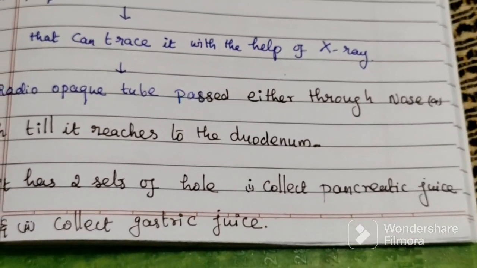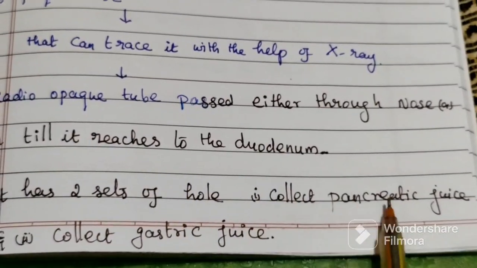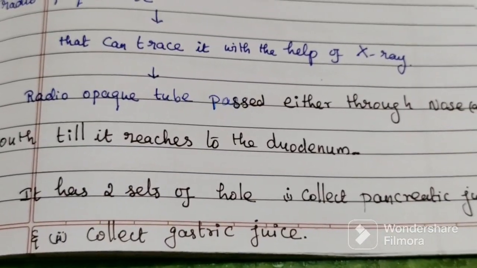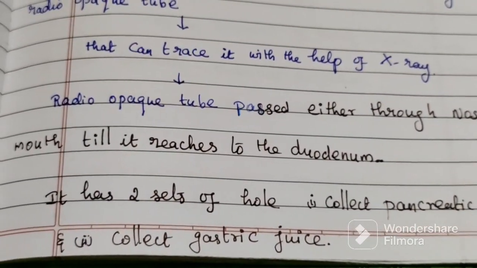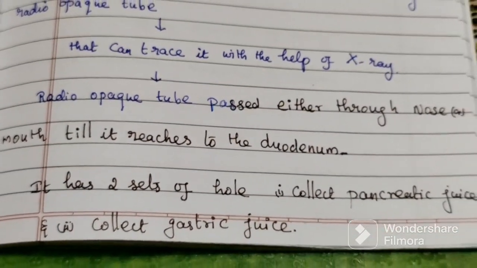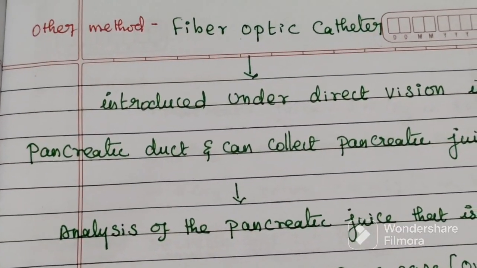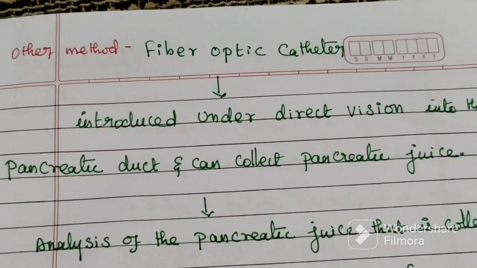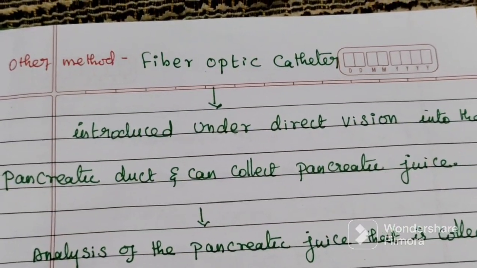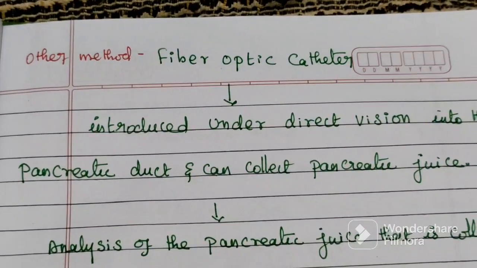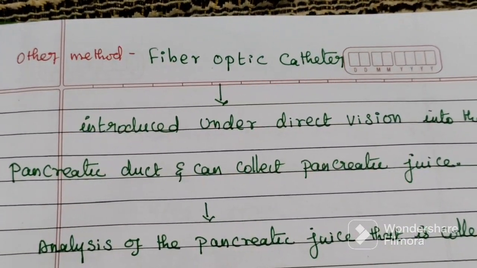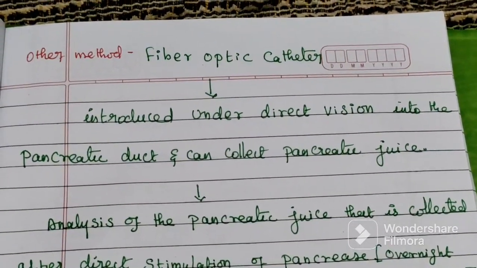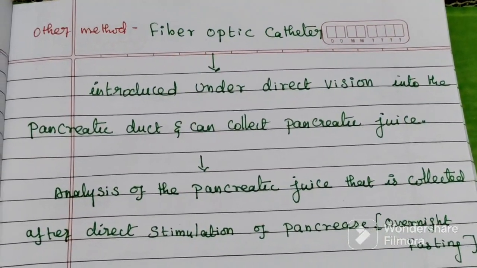Another method is to use a fiber optic catheter, introduced under direct vision into the pancreatic duct, and we can collect the pancreatic juice.